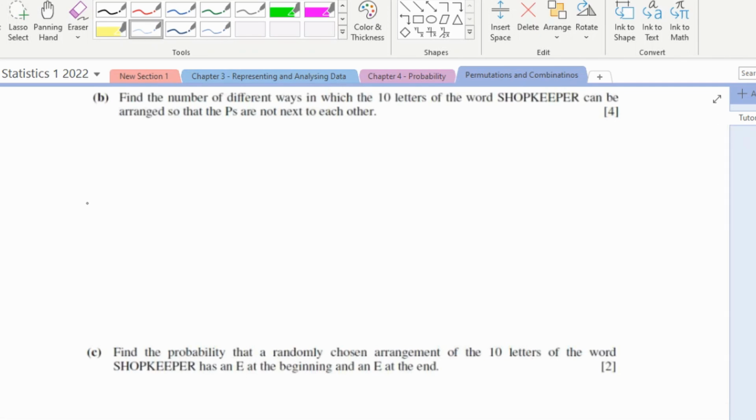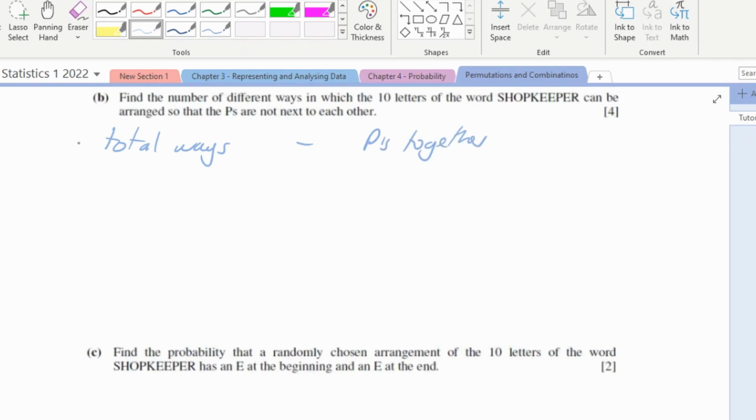All right, now the next one: find the number of different ways in which the 10 letters of the word shopkeeper can be arranged so that the P's are not next to each other. We're getting good with the strategy. So what's our strategy here, Thomas? Yeah, total ways, subtract P's together.